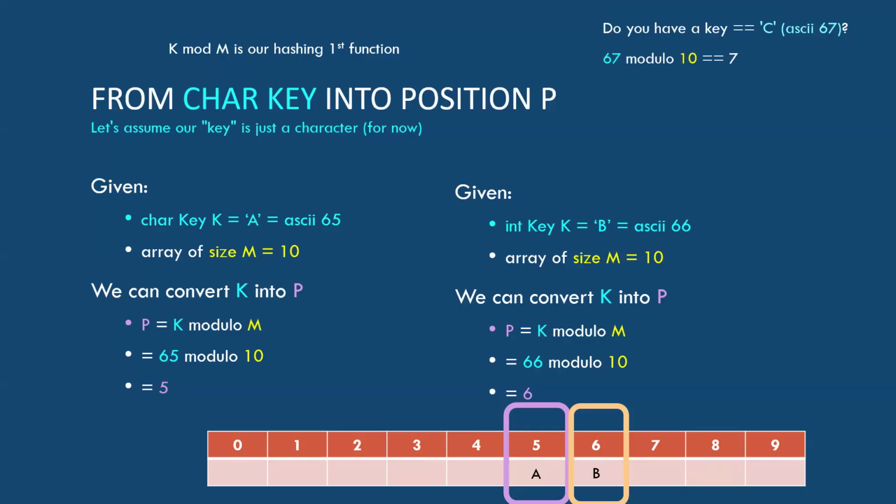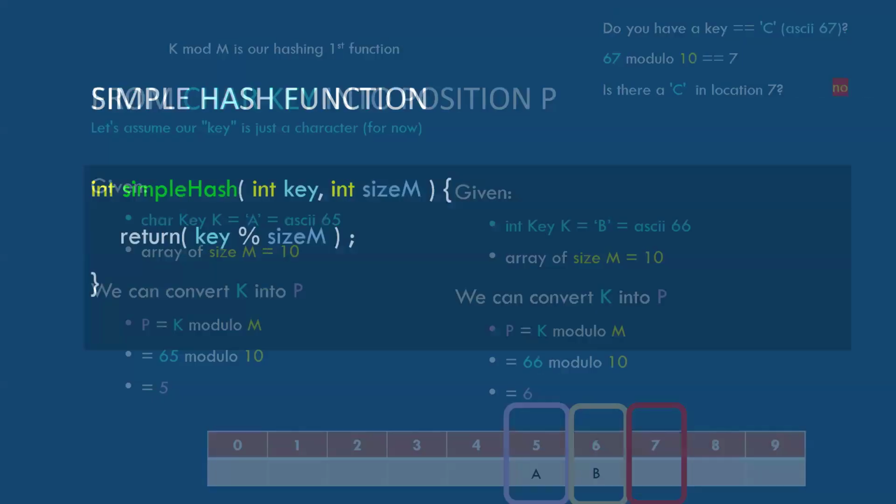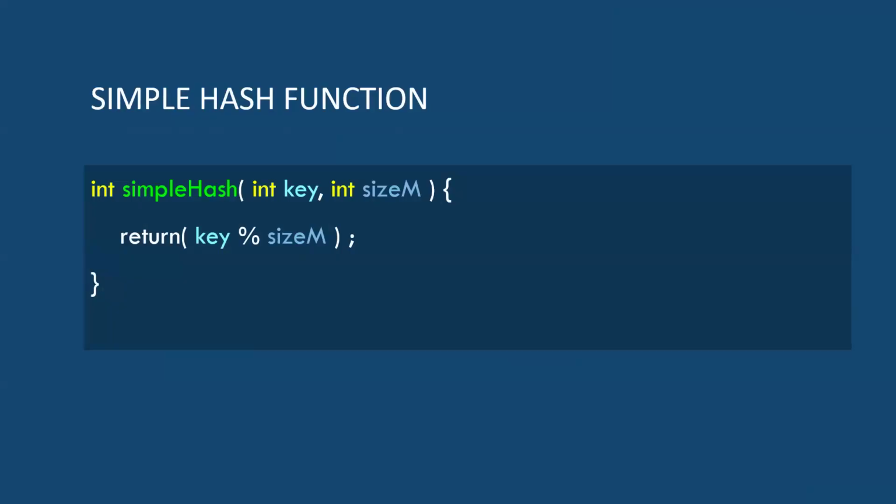Maybe it's set to a null character or something. So if we can do it with that, we can handle a range of things, characters and integers, at least for now. Somebody gives us a key, we modulo it with the size of the table, and we return the integer value. And that's our super, super simple hashing function.